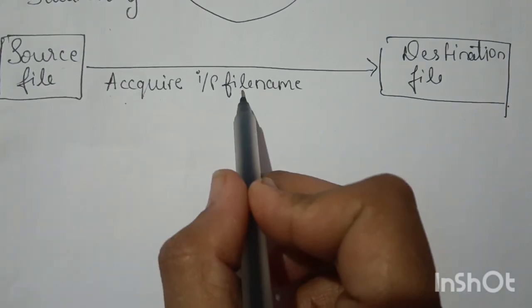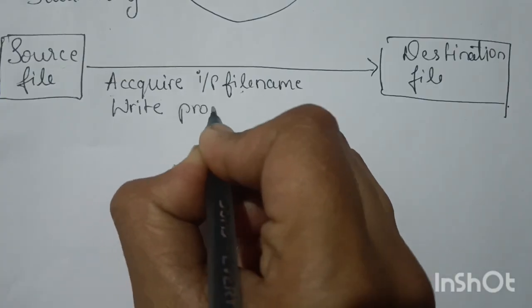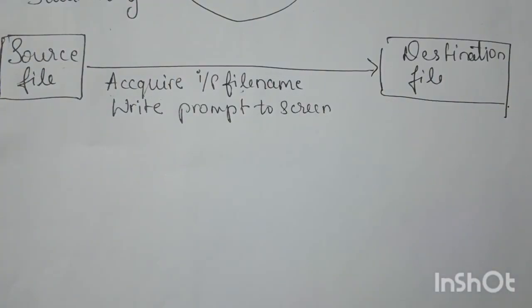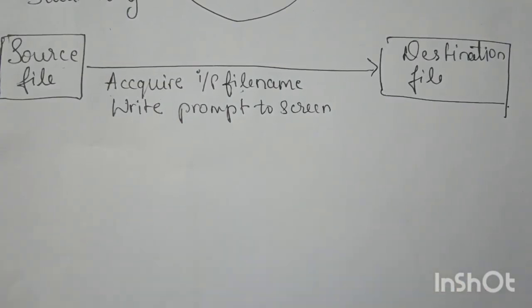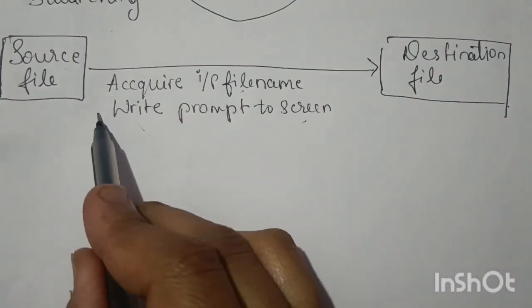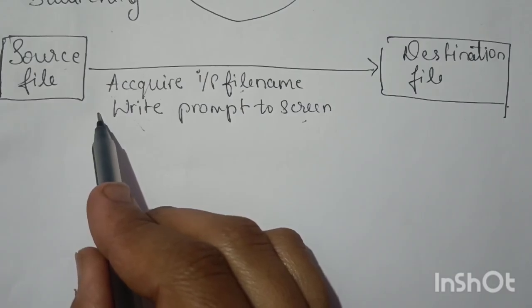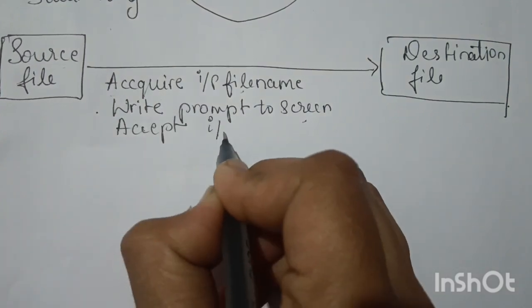So that file name should be asked, and you have to write that prompt on the screen. Say the prompt is, enter the input file name. That is one of the system calls generated here. The kernel will ask what input file should be opened, and then you write an input file name, so that it will accept your input.